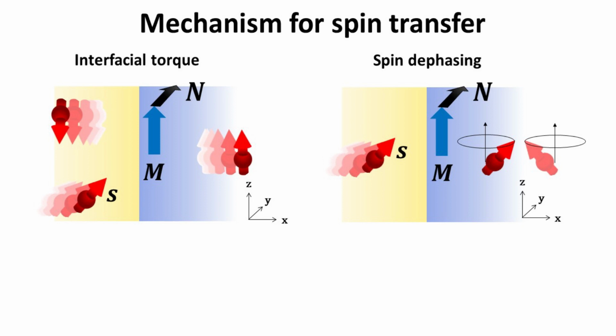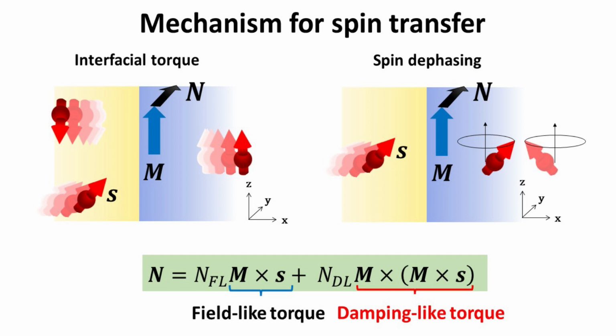But the precessional rate depends fundamentally on the wave vector of the incoming and scattered electrons. The spin of electrons with different momenta will dephase. As a result, the spin current deep inside the magnet is different from the injected one. The imbalance in the spin current is transferred to the magnetization, causing a torque on it.